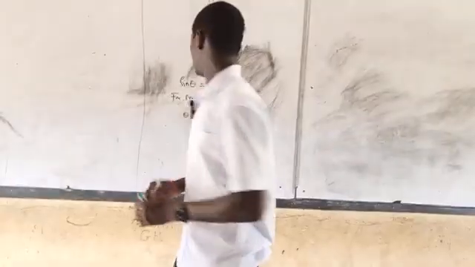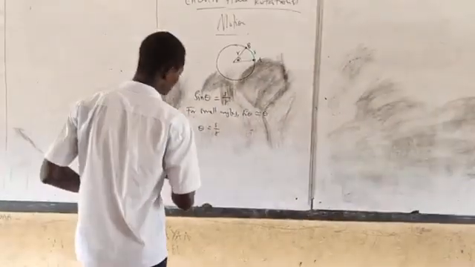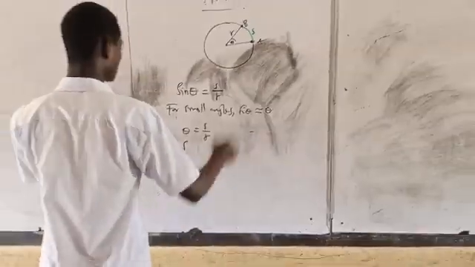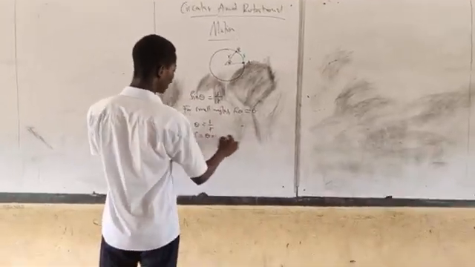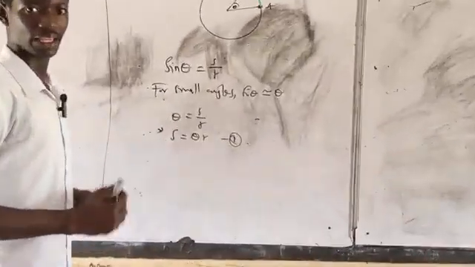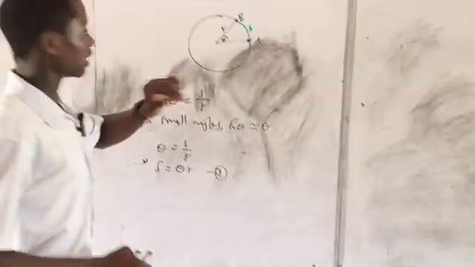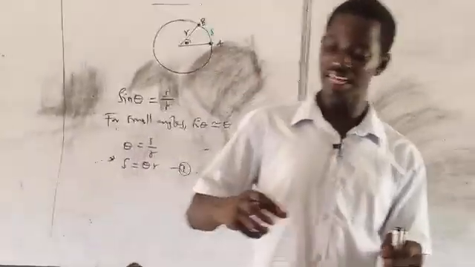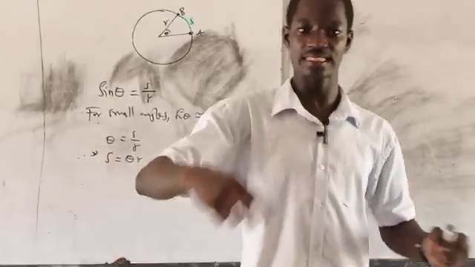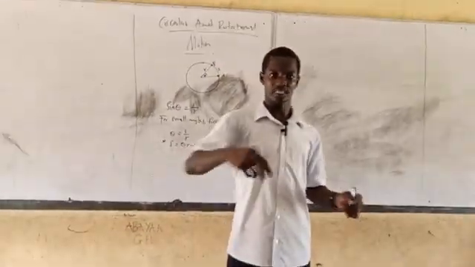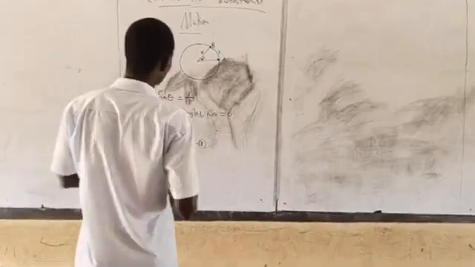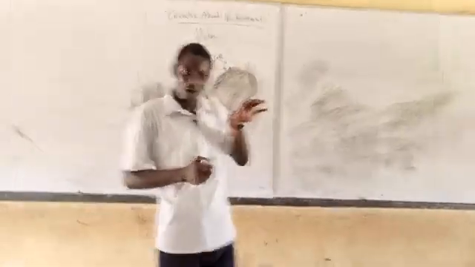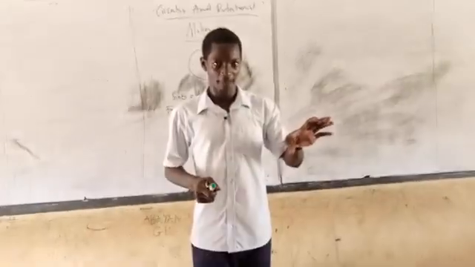Are you following? Good. From this you can also say that the displacement S equals theta R. Let us call this equation 1. Now, we also know that when we are considering the distance around a circle, where we are talking about circumference, this slight displacement is part of a circumference.